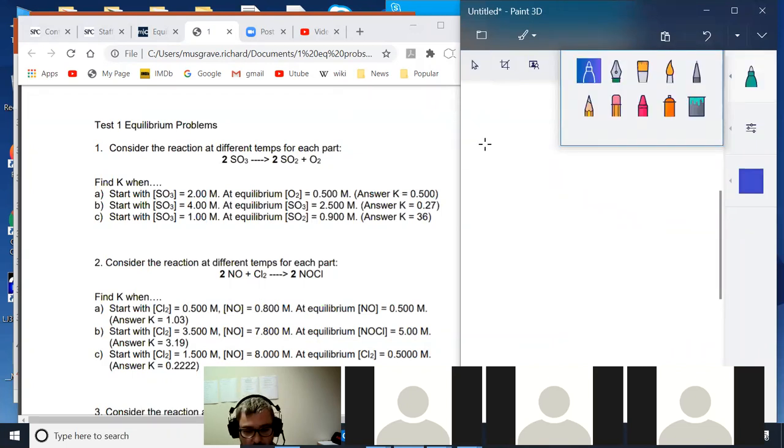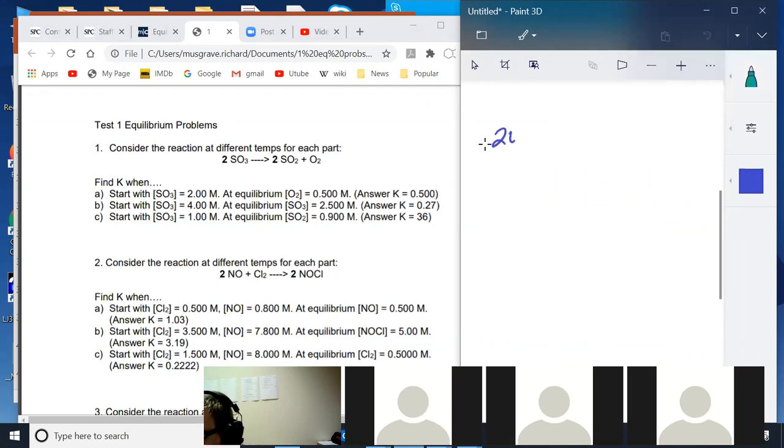All right. So this is how we handle something like 2A. We've got our reaction here, 2NO plus Cl2 gives 2NOCl. So we have our initial, and then we have the equilibrium.